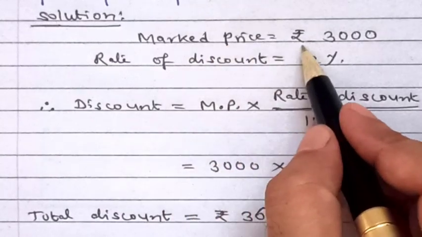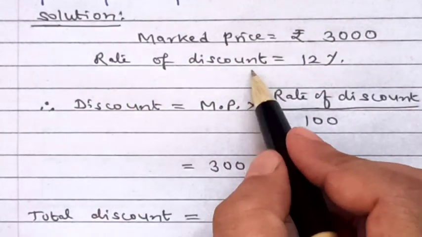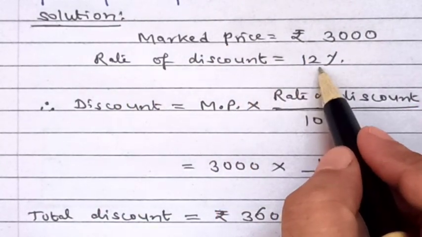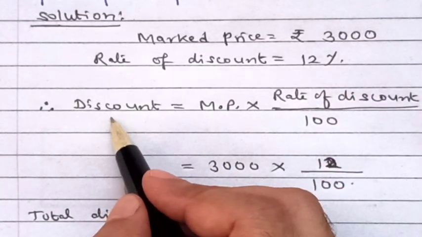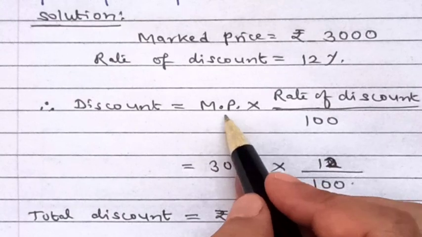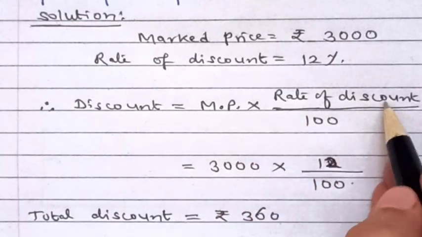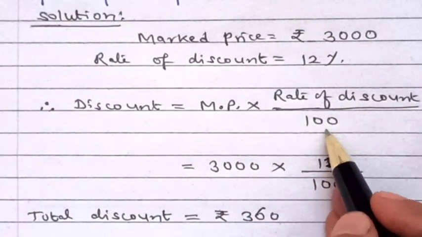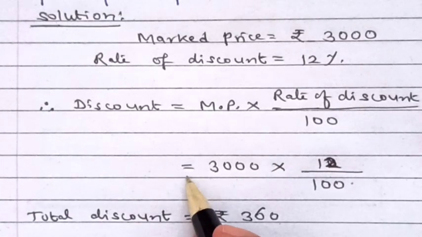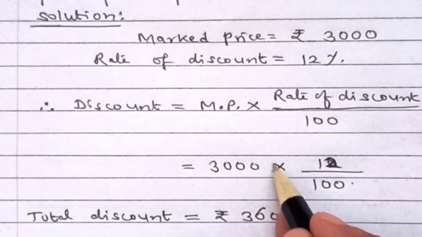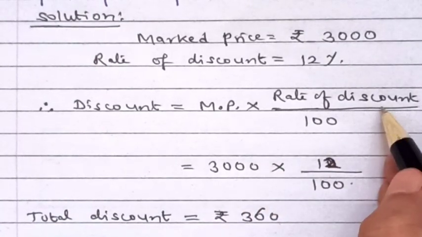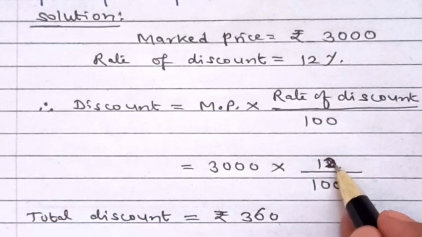Mark price is equal to rupees 3,000. Rate of discount is equal to 12% given to you. We know the formula. Discount is equal to mark price, you write full, into rate of discount upon 100. Now this is equal to 3,000 because your mark price is equal to 3,000 into what is rate of discount? That is the percent discount, 12%.